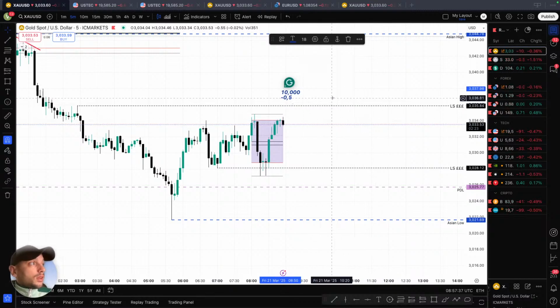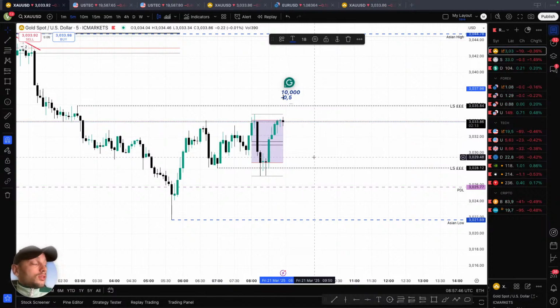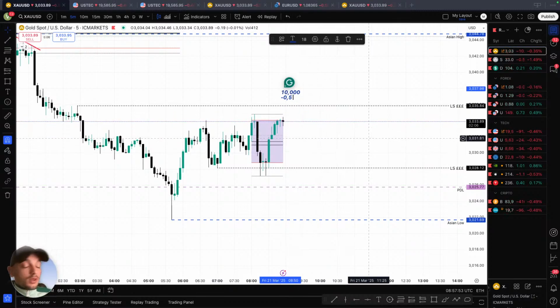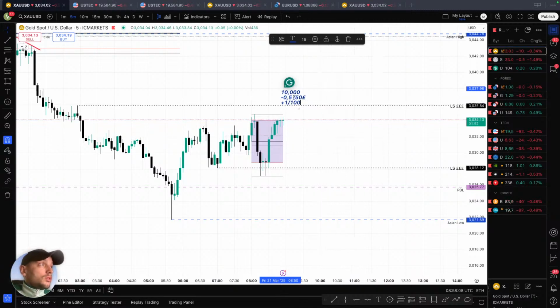This is your stop loss, and you should put stop losses, because in the beginning I didn't put stop losses, and probably you do this as well. But you need to execute your strategies with proper stop losses. So this is what you need to risk, which on 10,000 is £50. And if you aim for 2 hours, this will be plus 1, which will be £100. So you should risk 50 for 100.